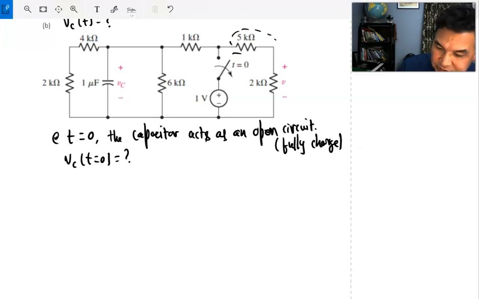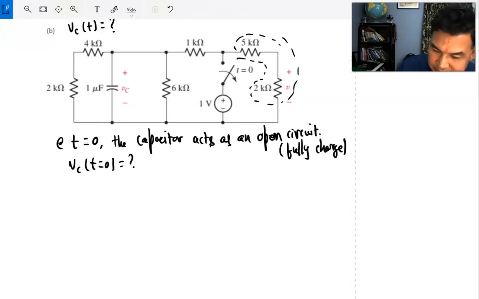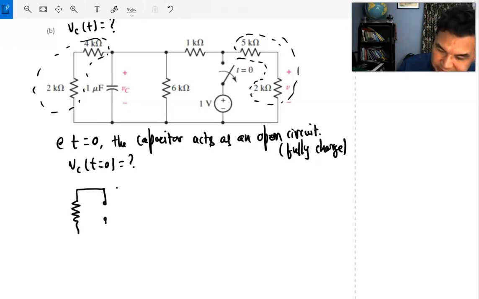So this is going to be your 7 kilo ohm. When the battery is disconnected, this is going to be like this, and this is also this 2, because the 6 kilo ohm you can combine, and the capacitor works as an open circuit.